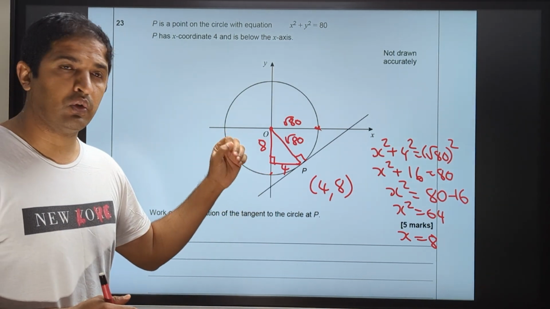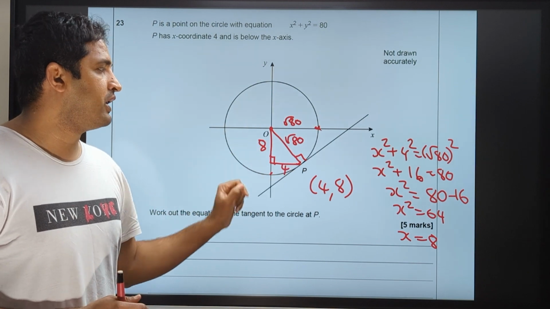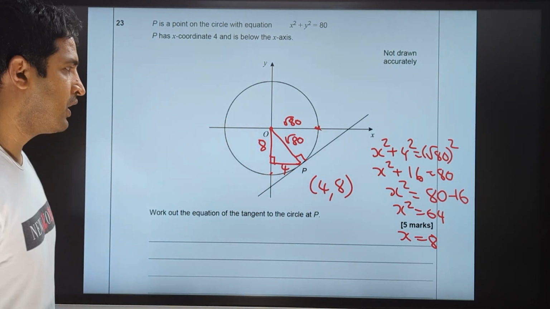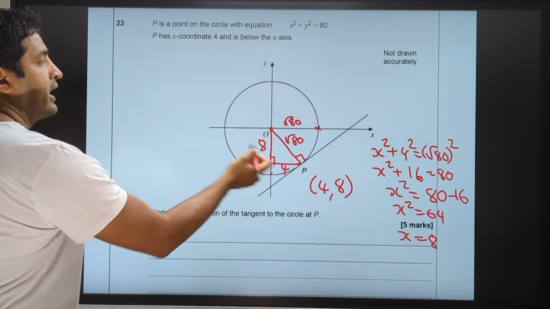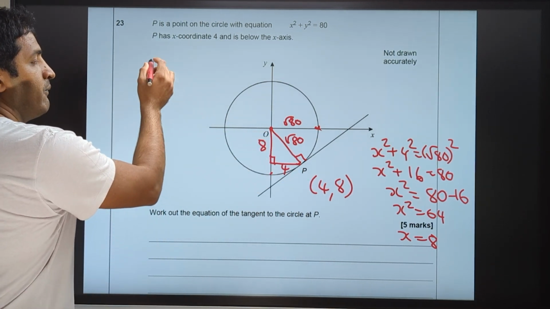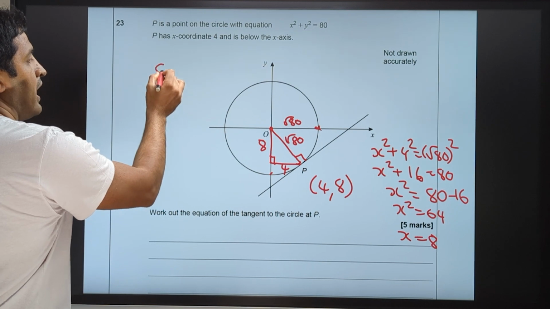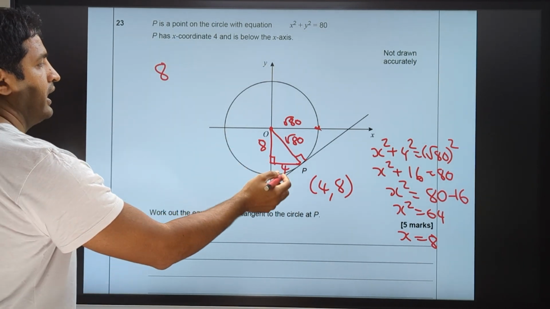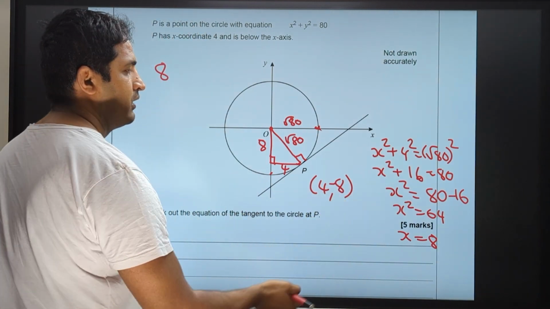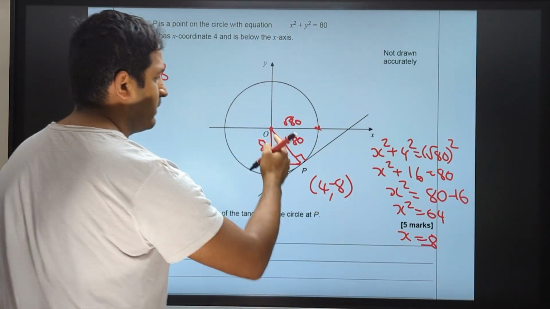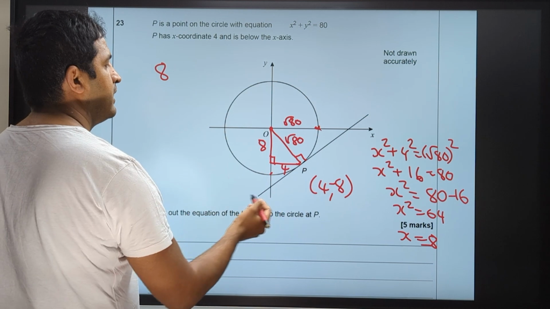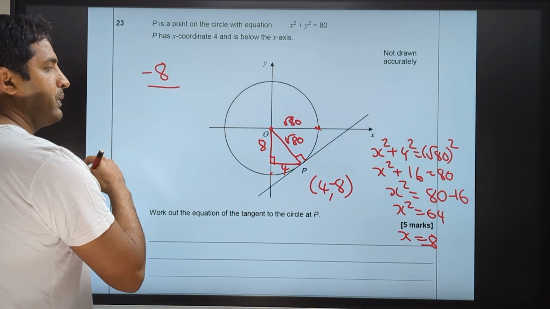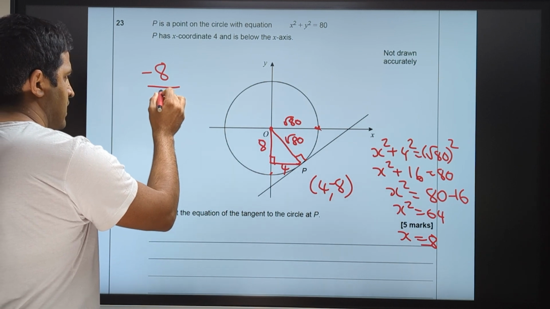So what we're trying to do here is work out what the gradient of that is going to be if one of the points is 4, negative 8 and the other point is 0, 0. Again, the gradient of this line is going to be change in y over change in x. The change in y is negative 8, because it goes downwards: negative 8 take away 0 is negative 8, and 4 take away 0 is 4.